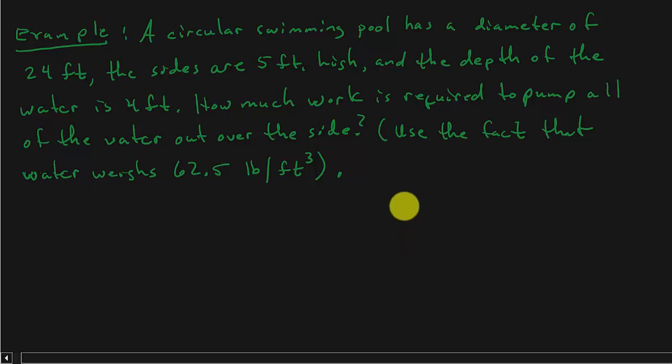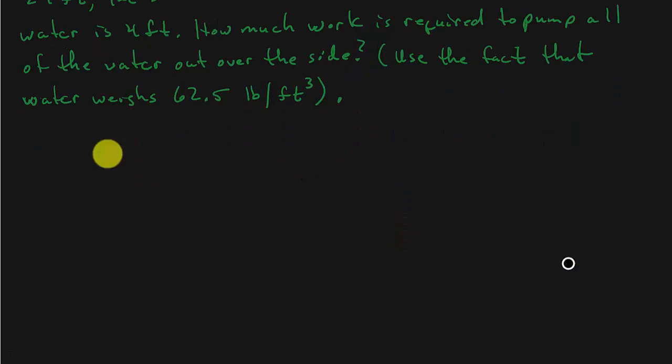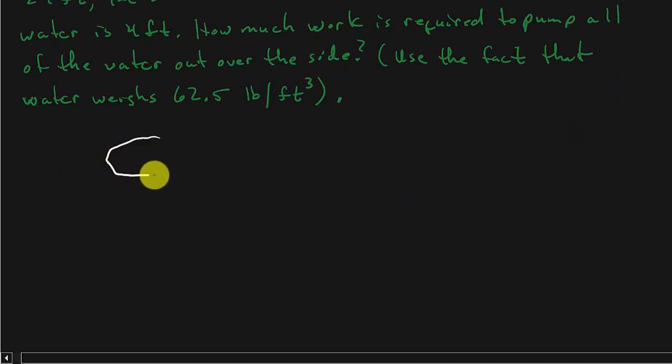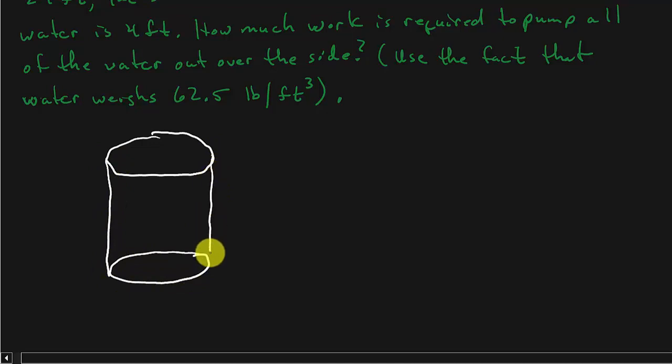So let's draw a picture. Not a very good circle there, is it? Or ellipse. All right, so we know this thing is 5 feet tall. The water is right here. We know that's 1 foot from the top of the water to the top of the tank.